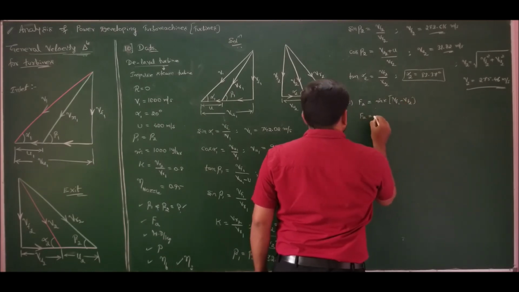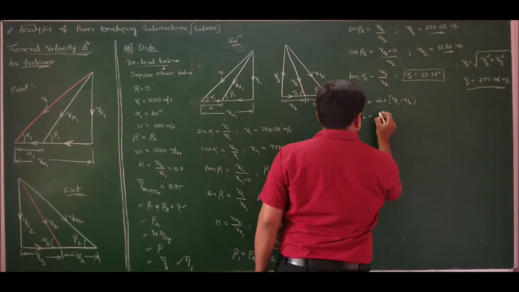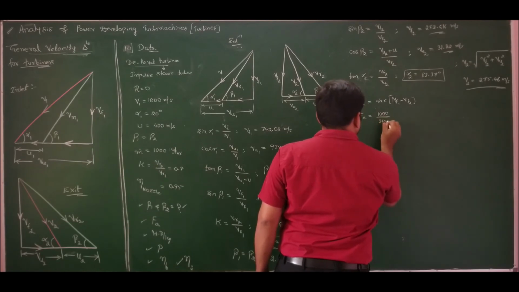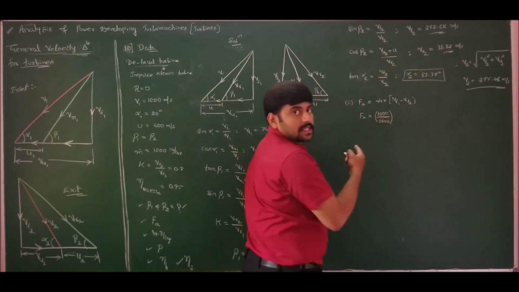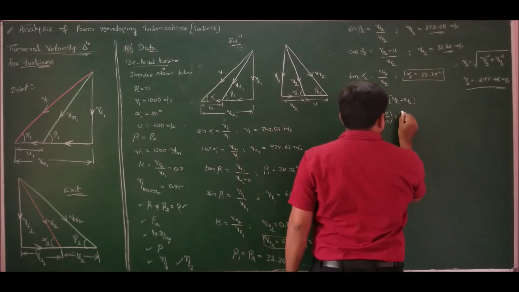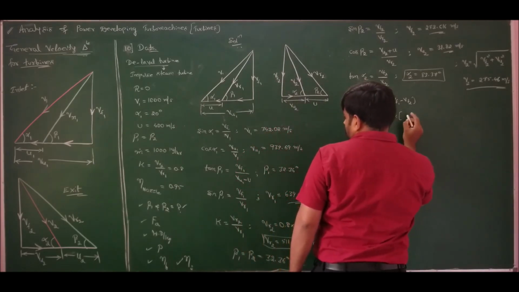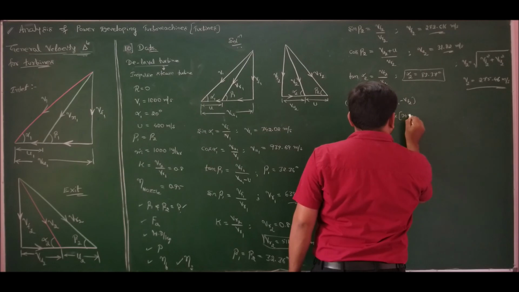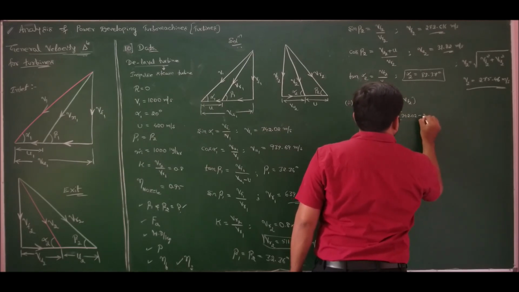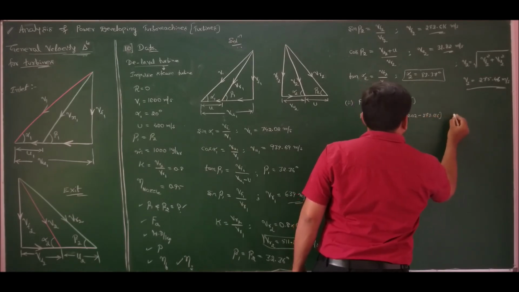Mass flow rate is 1000 kg per hour, divided by 3600 to convert into kg per second, into VF1, which is 342.02, minus VF2, which is 273.616.